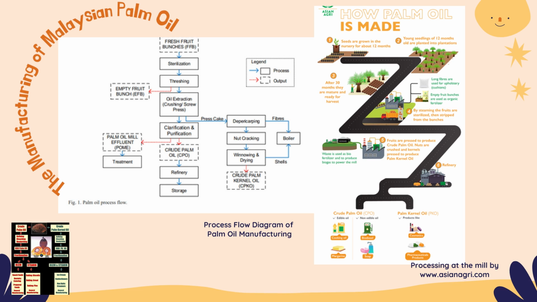After 30 months, they are considered mature and are ready for their first harvest, and the process is repeated every 7 to 10 days. The seeds before that are planted in a nursery where they receive daily watering and upkeep for the first 8 months of their life before being transplanted to the plantations.